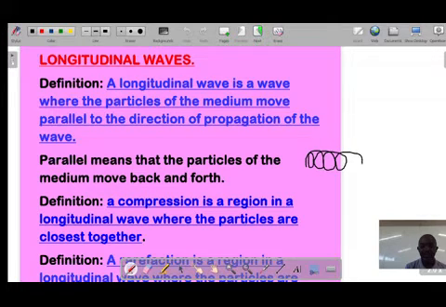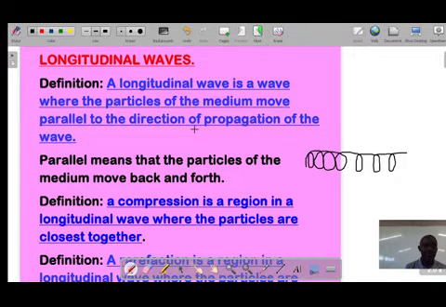The particles of the spring are going to be moving in the direction of the wave. As we push from this side and pull, we're going to generate waves in this spring.